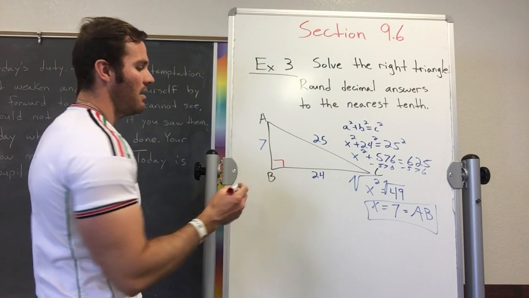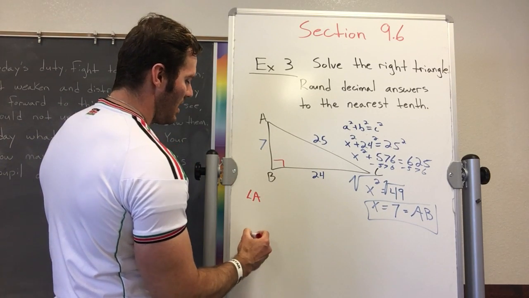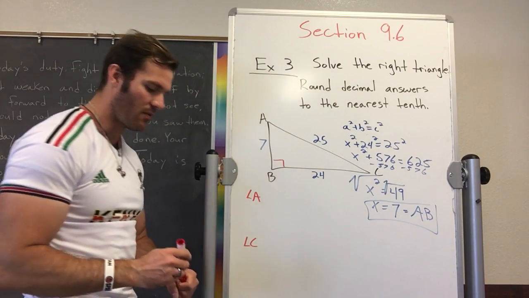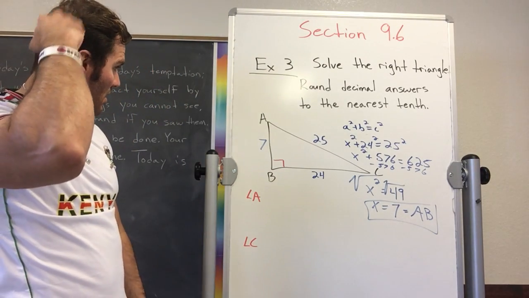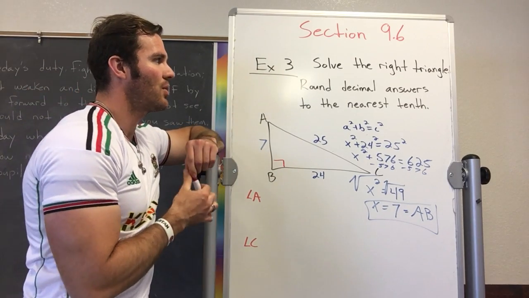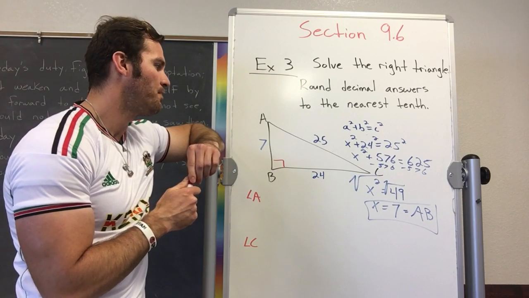I do not have angle A, and I do not have angle C. So I need to find those. Let's use the trigonometric ratios that we've learned, tangent, sine, cosine.